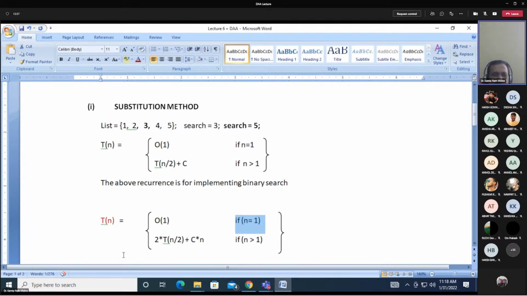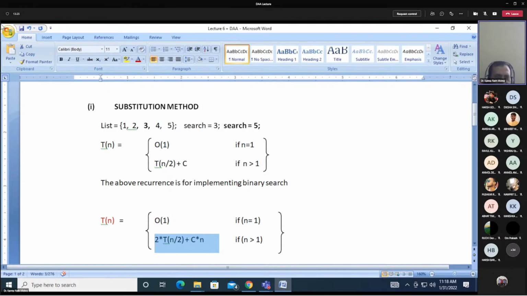Then you can say T(n) = 2T(n/2) + C·n, or T(n) = 2T(n/2) + C, if n is greater than 1.